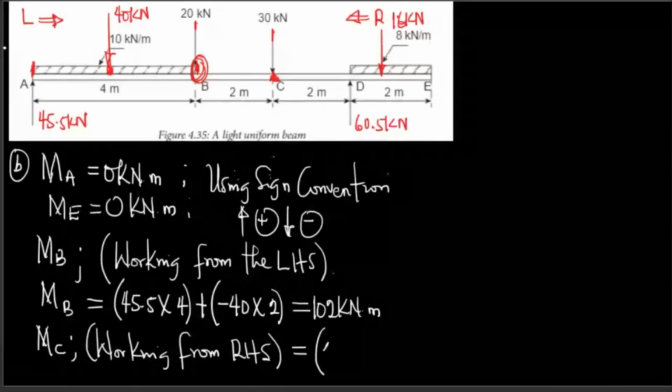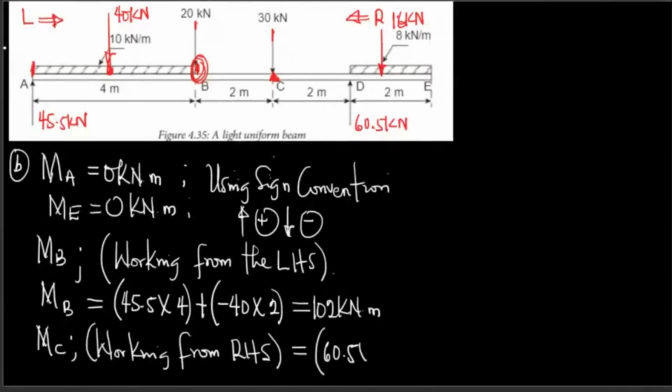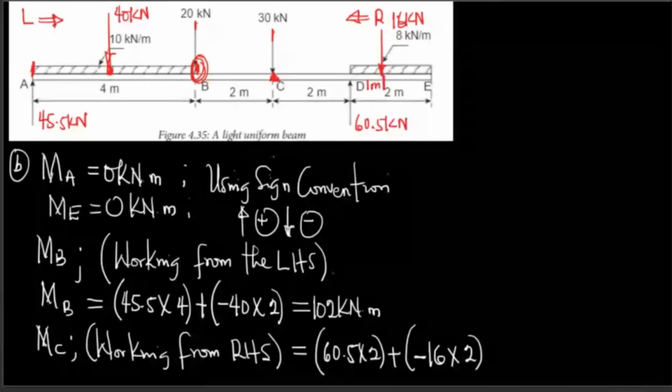So 60.5 is pointing up, isn't it? So that is positive. 60.5 multiplied by 2 plus 16 is pointing down. It's going to be minus 16 multiplied by 2. It's multiplied by 2 because you can see from this point to this point is 1 meter.